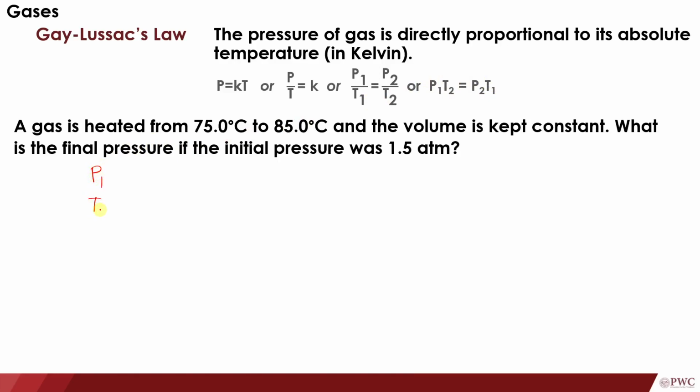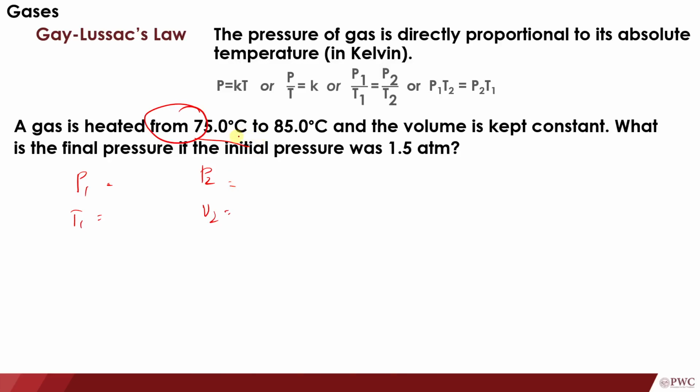We have P1, T1, then we have P2, then our T2. This is our initial pressure, and this one is our initial temperature, because here we have "from."